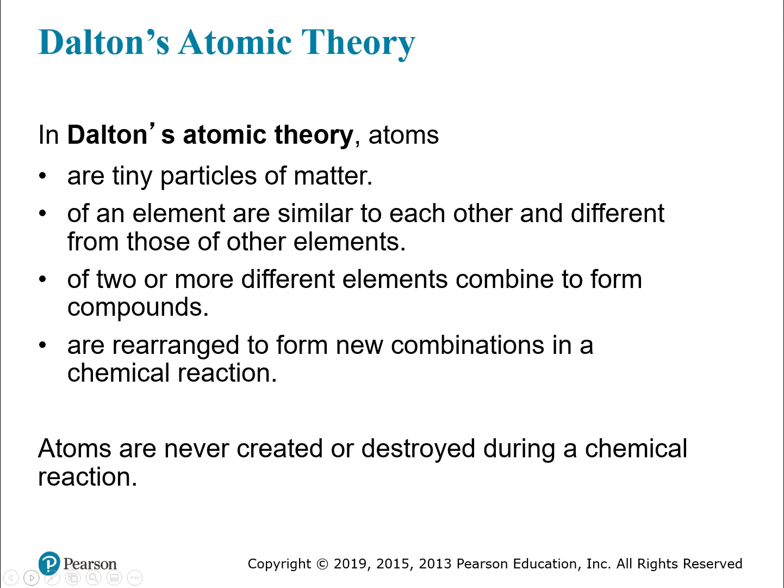Atoms of an element are similar to each other and different from those of other elements. So if I have 2 atoms of aluminum, they're similar. But if I have an aluminum atom versus a gold atom, those are different.